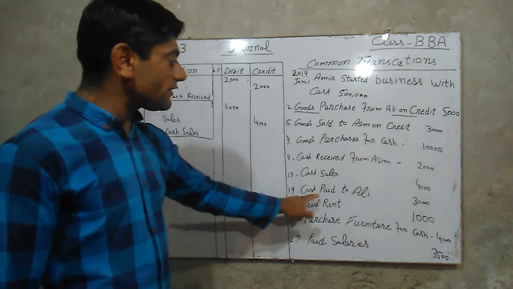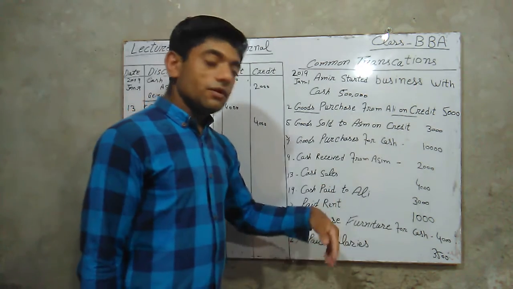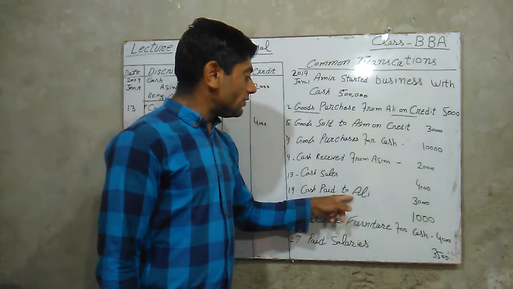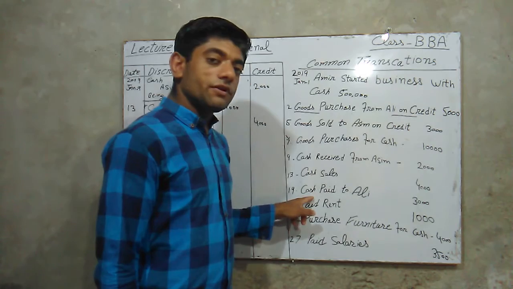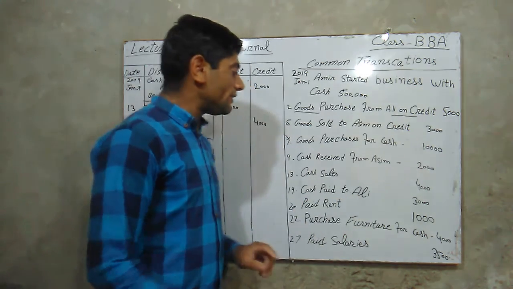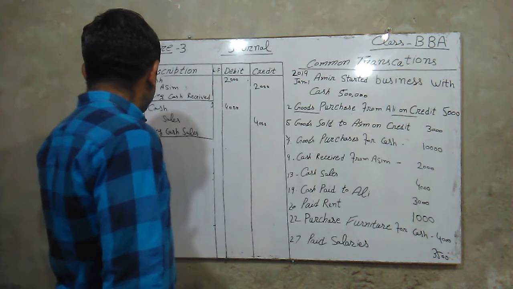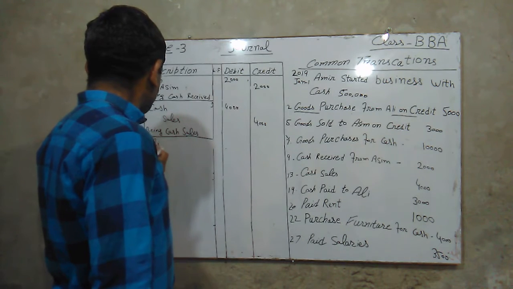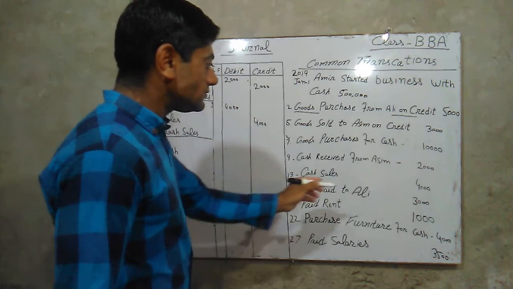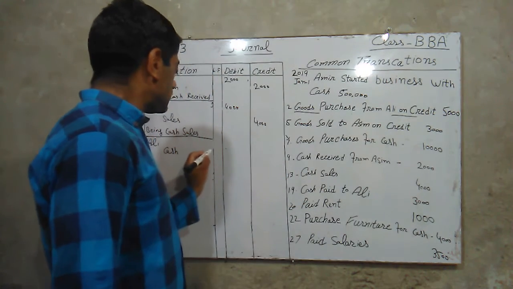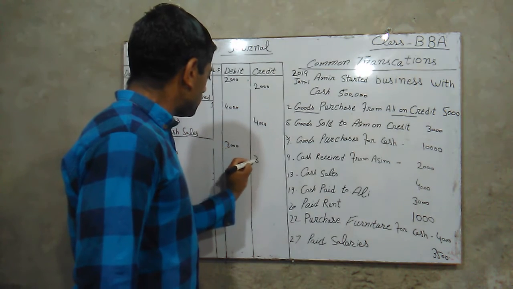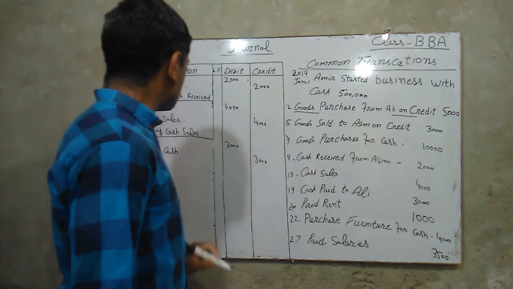Cash is our asset, and paid to means a liability paid. So cash decreases, so it's credit, and liability decreases, so it's debit. Ali debit, cash credit, 3,000 and 3,000.